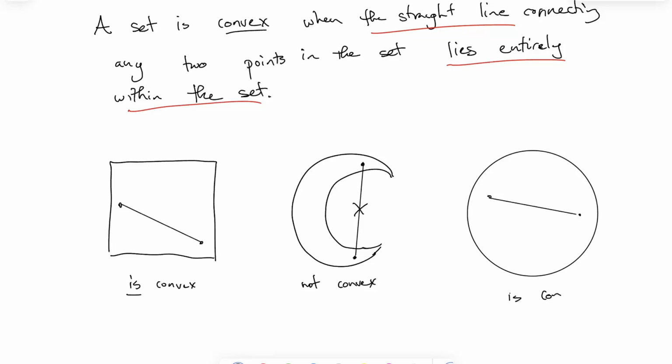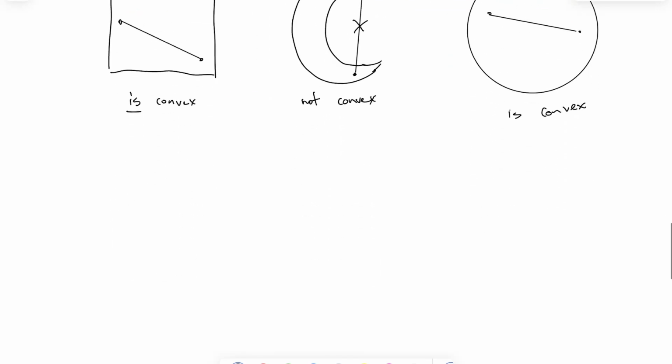Great. How about something like, get a little fancy here, a little hexagon. What do you say? Is convex or not? I say is convex, right? Again, any 2 points inside the shape here can be connected by a straight line inside the shape. This one is convex, all right?